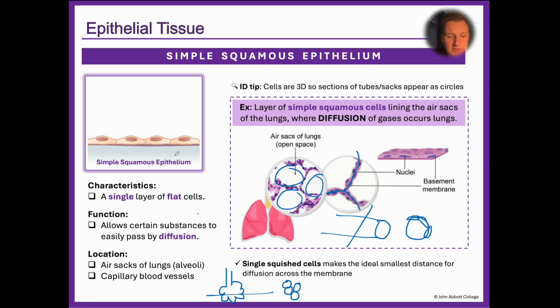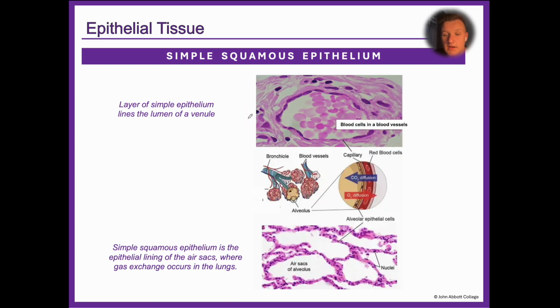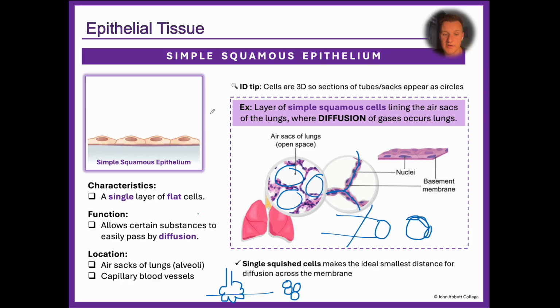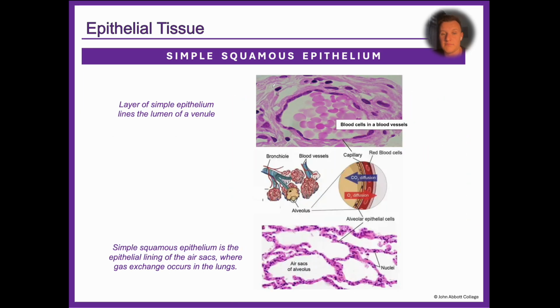So I told you over here that there are air sacs that you would see over here. I also told you capillary blood vessels. So I want to show you over here layers of simple squamous epithelium that lines the lumen of a vein, right? A vein is a type of blood vessel that will carry blood.